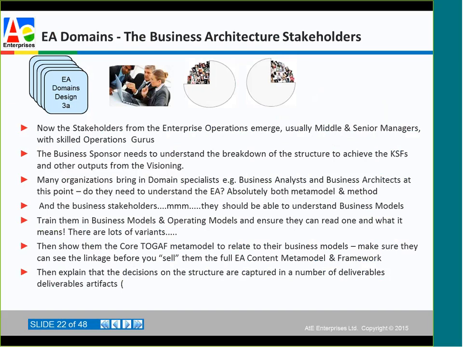And what the business sponsor wants to do is understand what the breakdown is of the structure that he needs to achieve his key success factors and other outputs from the visioning. The business sponsor wants to have a little package of things that when he's talking to his peers, he can relate that to them in terms that they understand.